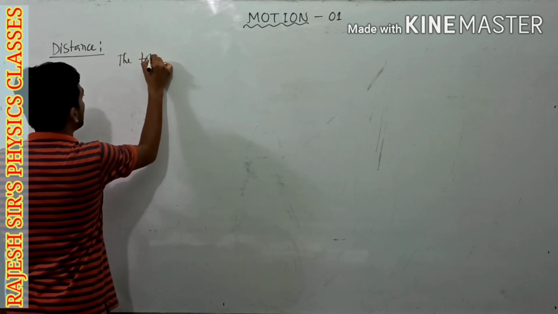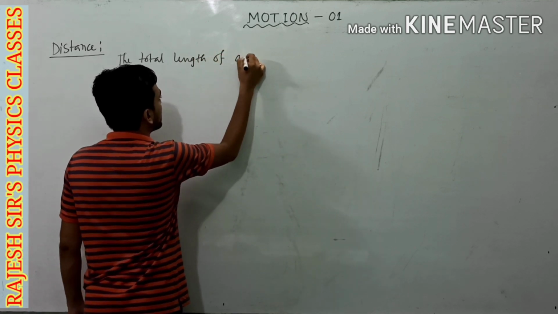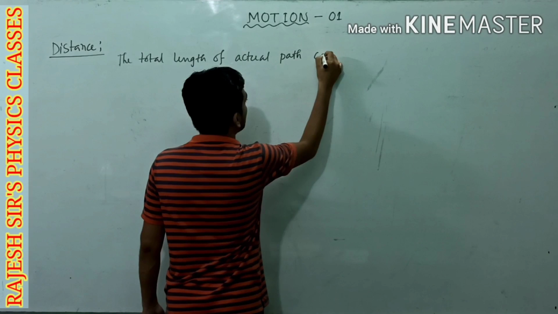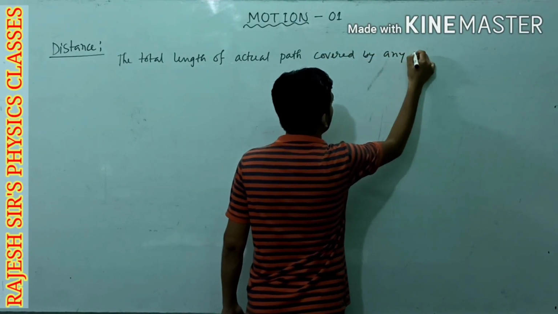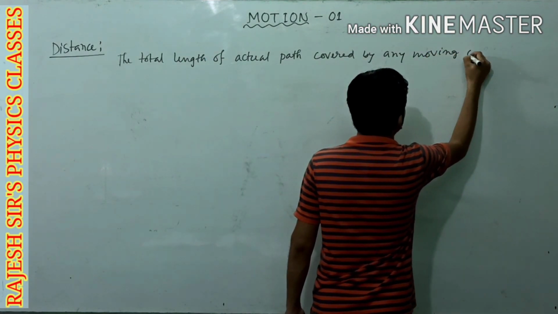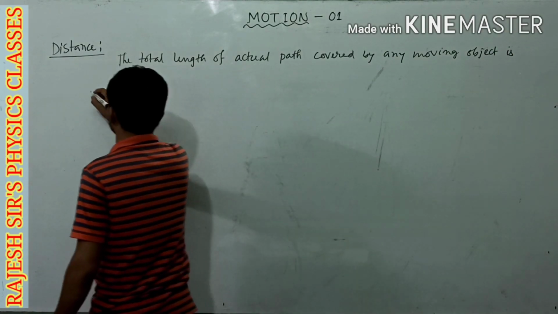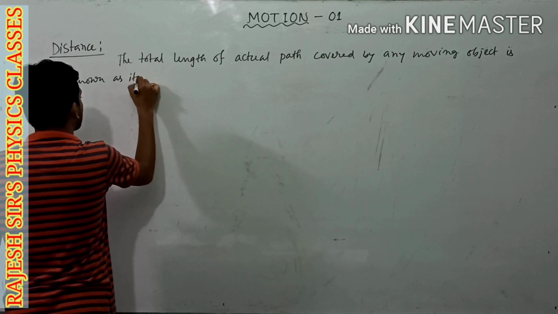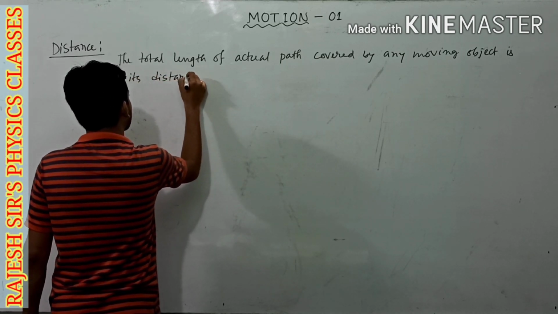The total length of actual path covered by any moving object is known as its distance.